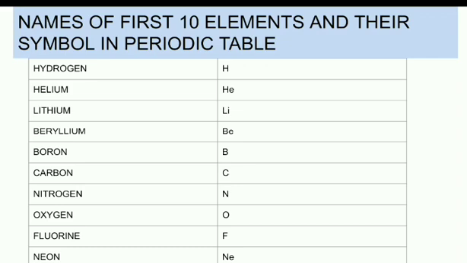Its symbol is capital C. Nitrogen. Its symbol is capital N. Oxygen. Its symbol is capital O. Fluorine. Its symbol is capital F. Neon. Its symbol is capital N and small e.